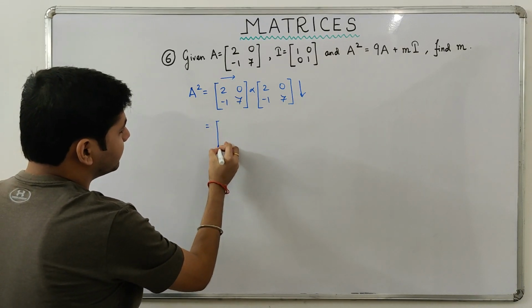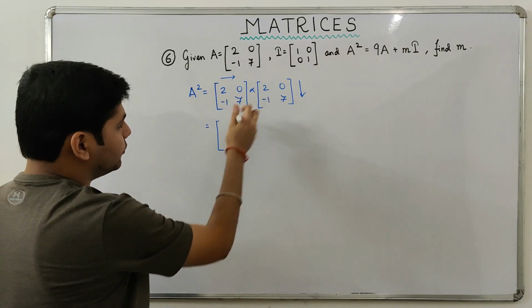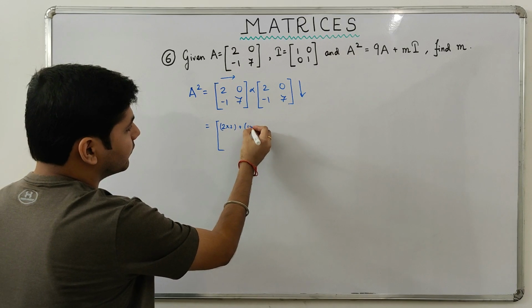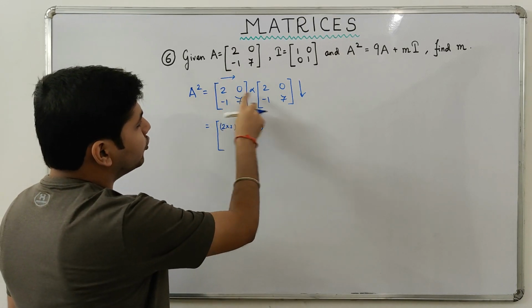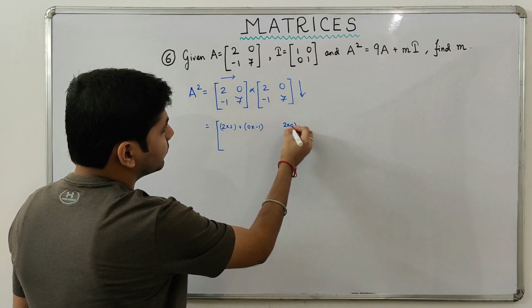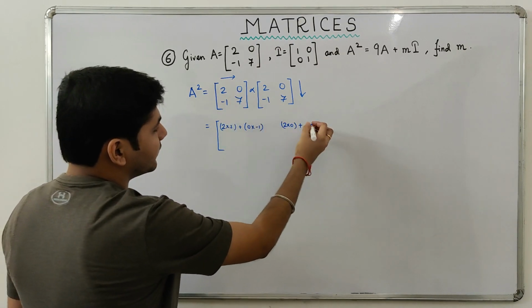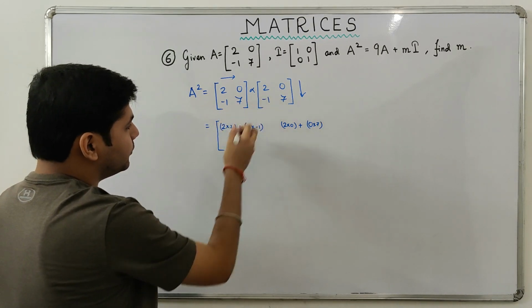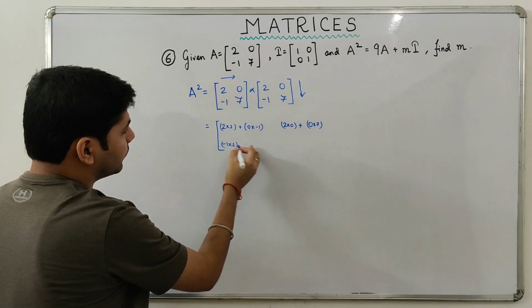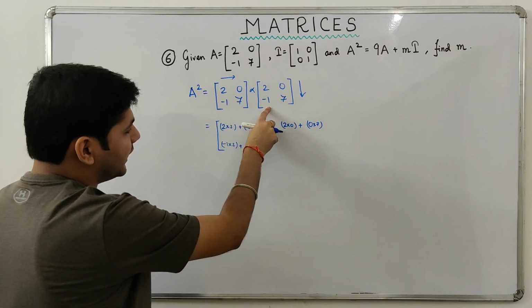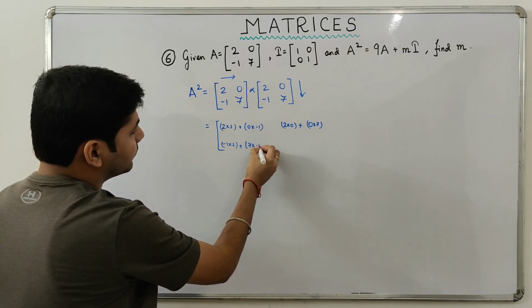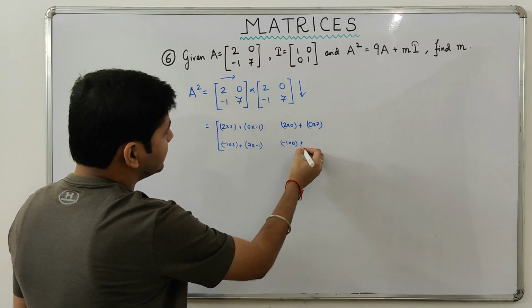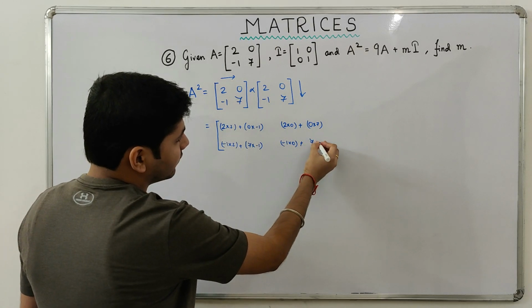So what we will get? 2 into 2 plus 0 into minus 1. 2 into 0 plus 0 into 7. Minus 1 into 2 plus 7 into minus 1. Minus 1 into 0 plus 7 into 7.